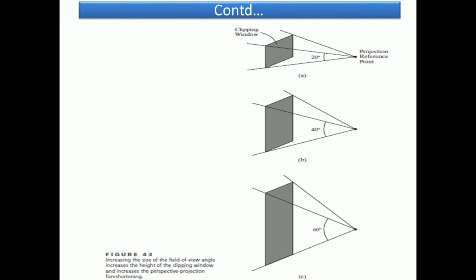As shown in figure 43, this is the effect of various field of view angles for a fixed width clipping window. In this figure you can see how the height of the clipping window varies with an increase or decrease in the field of view angle.